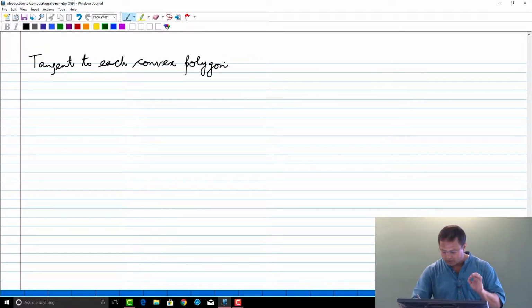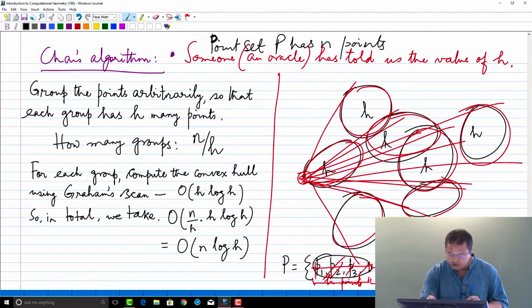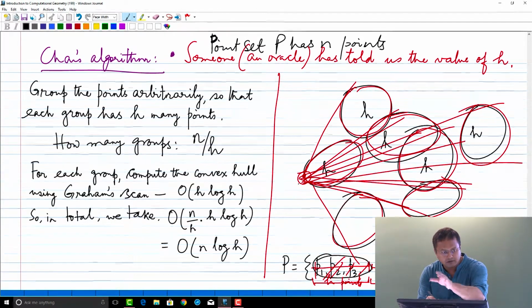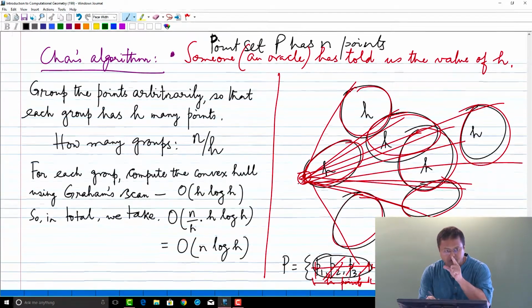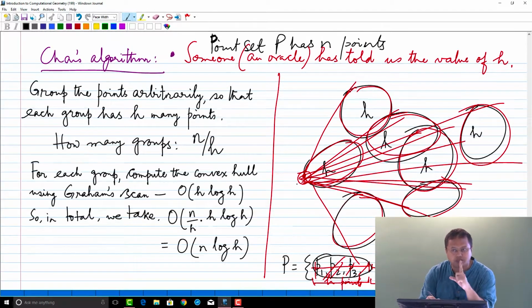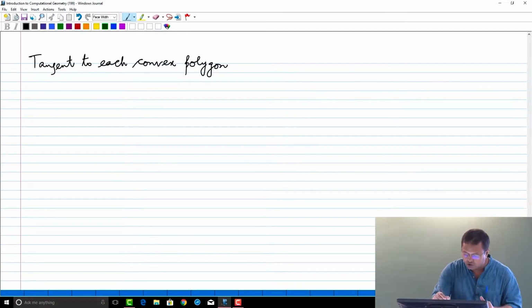So, what I did was, starting from this leftmost point, I drew tangents. Now, each tangent drawing operation would take me how much time? Log h, because there can be at most h points on each one of these small groups. So, tangent to each convex polygon takes order log h.